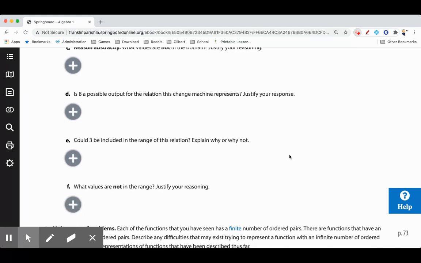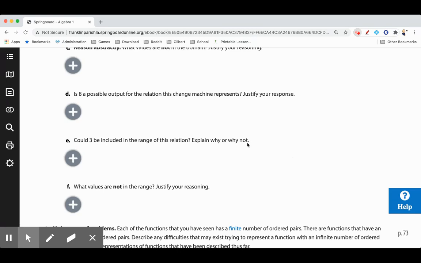E, could 3 be included in the range of this relation? So will you get out 3 quarters? No. You put in $1, you get 4. You put in 2, you get 8. 3, 12. 4, 16. 5, 20. 0 and 0. But 3 is not in that range. It's not included in this set that we're looking at. $1 will give you 4 quarters.